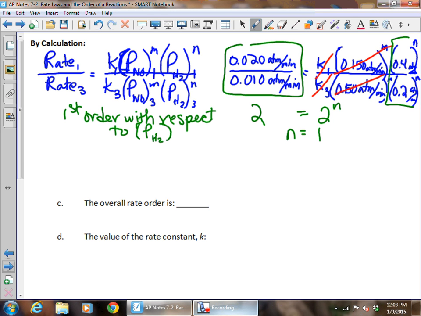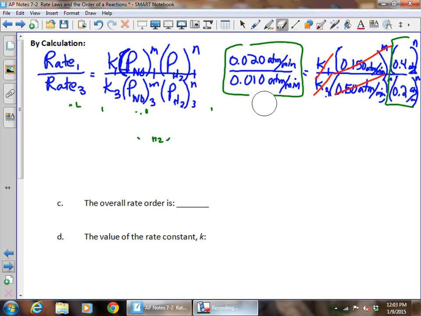So now we can do the next part of the calculation, and this time we're going to set reactions 2 and 3 equal. And if you look back at the table, you'll see that the rate of reaction 3 is bigger. And now that you've got this, I'm going to erase this part so I can have a little more room to write. And we're going to do rate 3 over rate 2.